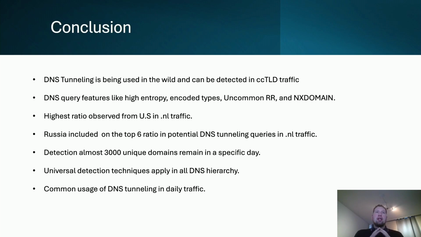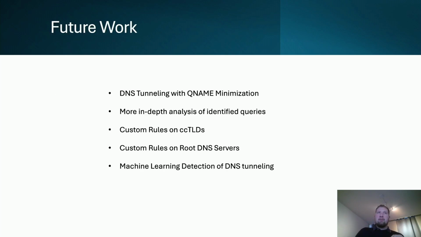Also, the custom detection rules can apply in all levels of the DNS hierarchy and are universal rules that you can use for each ccTLD. Also, the DNS tunneling is commonly used in the daily traffic of .NL.